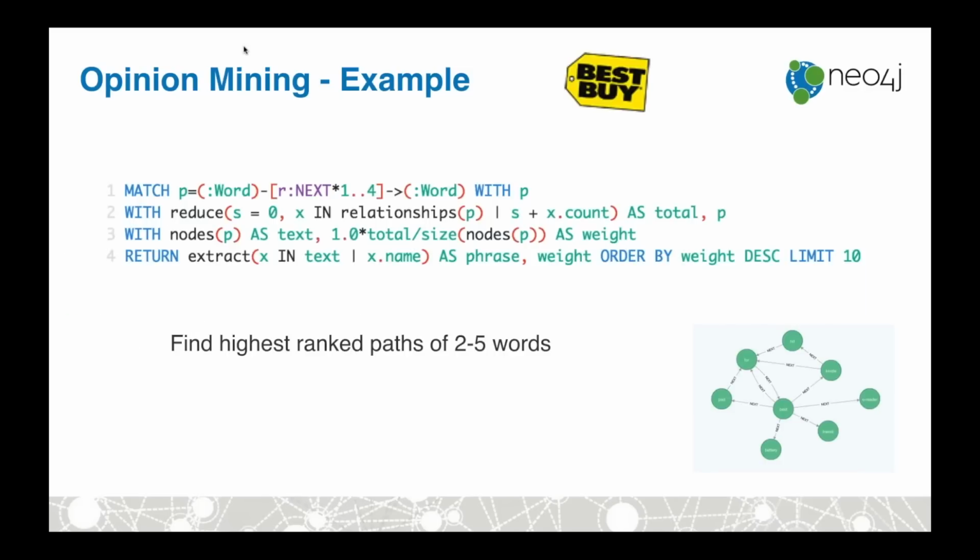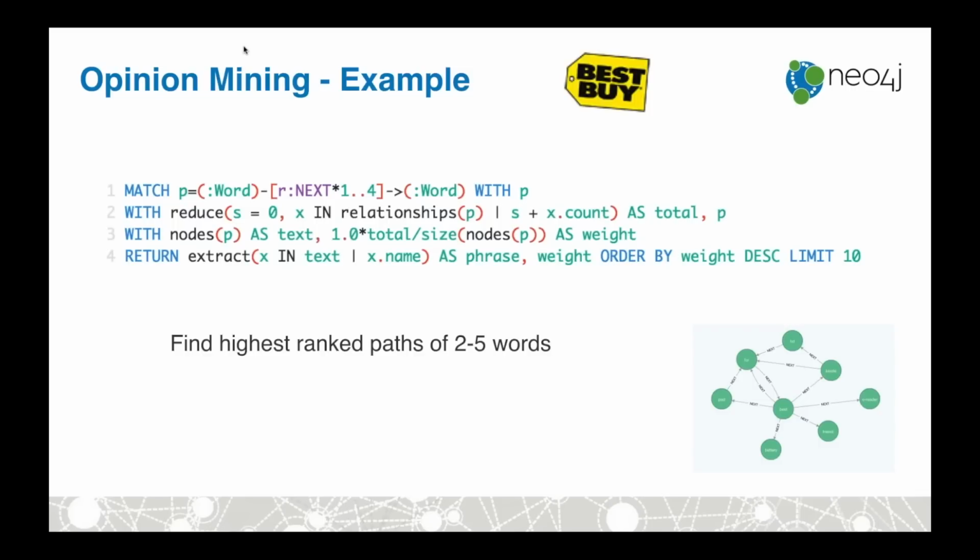Well, basically, we're going to look for short paths in our graph up to about 5 words. And we're going to look for the word pairs that we've seen most frequently. So remember, we're keeping a counter on the next relationship, the number of times that we've seen that relationship pair. So we're looking for short paths of about 5 words that have a very high number of counts.